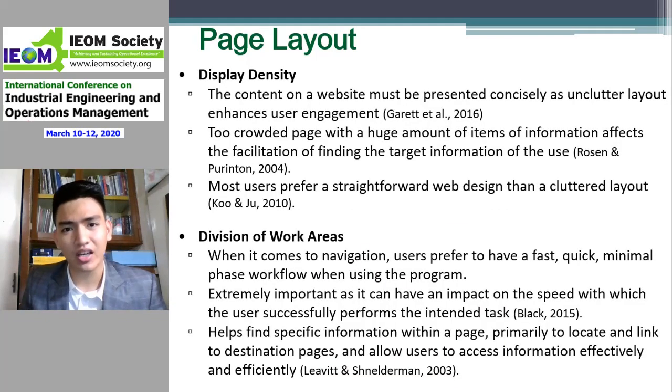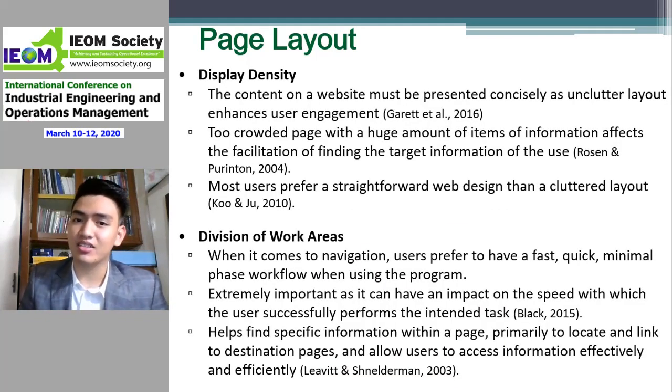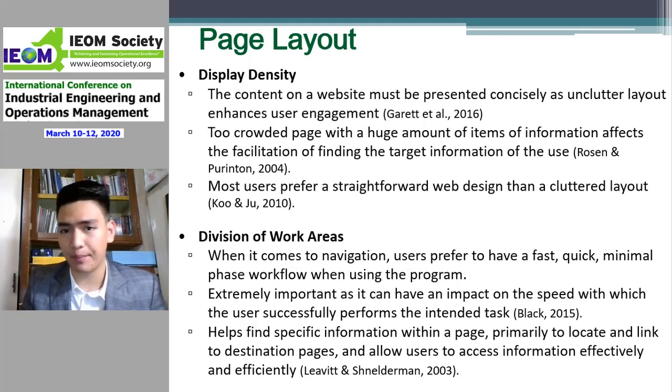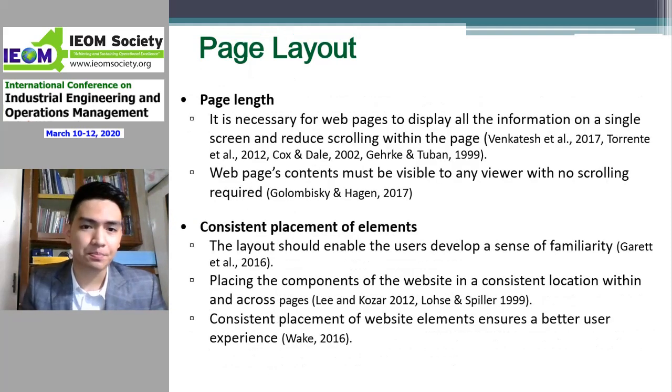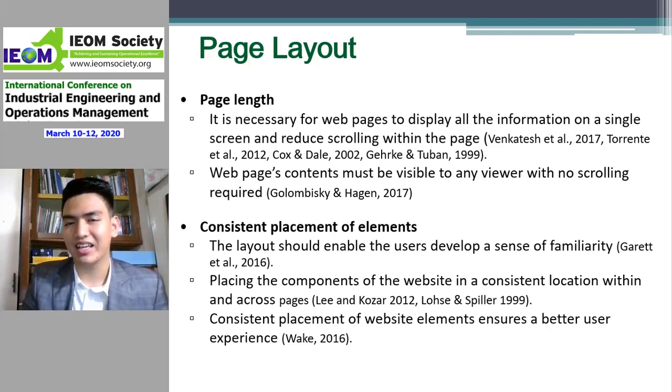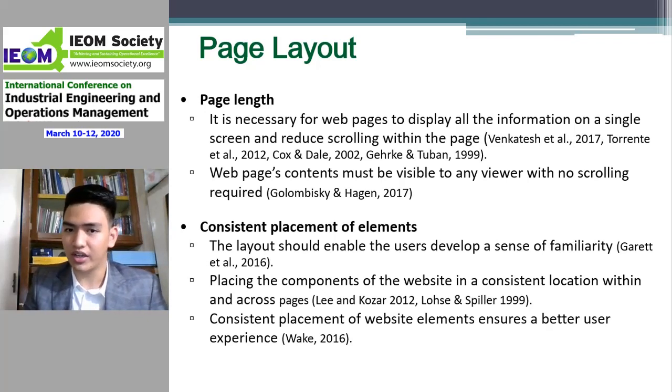For page layout, we have the display density that considers the amount of clutter on a page, division of work areas for navigation and locating important elements for the task, page length on keeping all the necessary display with reduced scrolling, and the consistent placement of elements to develop user familiarity and ensure a better user experience.